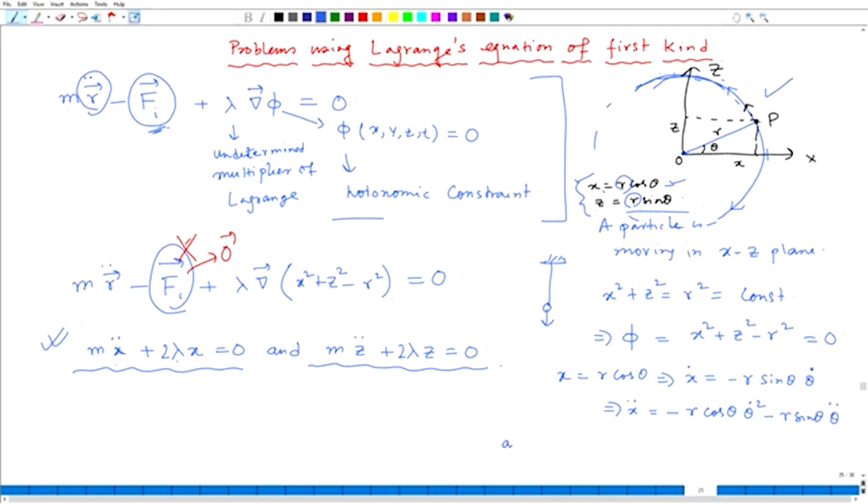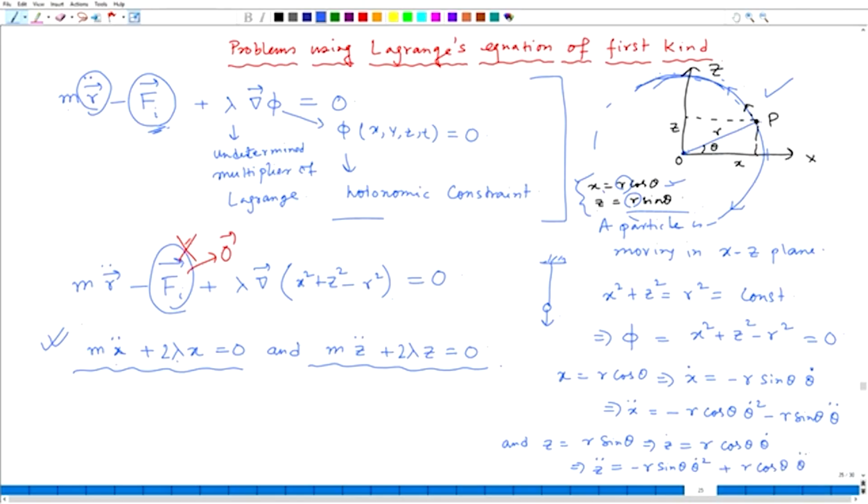Similarly, for z, z is equal to r sin theta, so z dot will simply be equal to r cos theta theta dot, and then z double dot will be equal to minus r sin theta theta dot square plus r cos theta theta double dot.